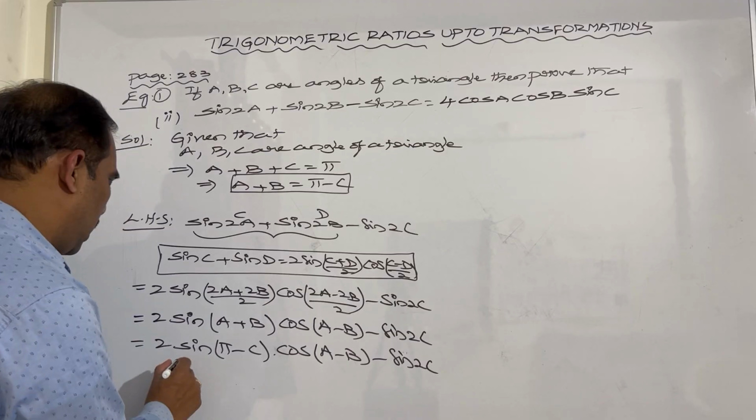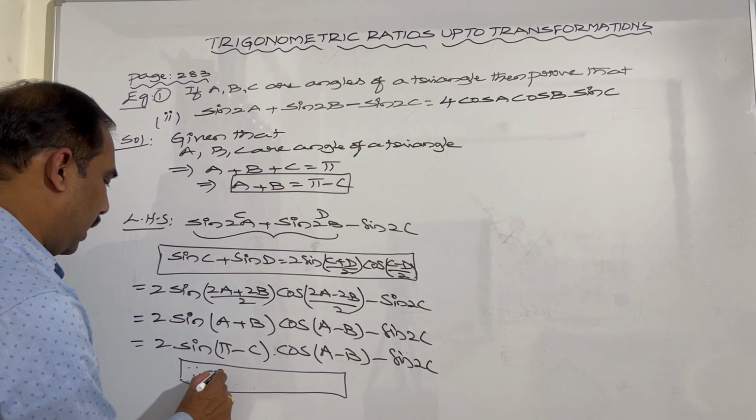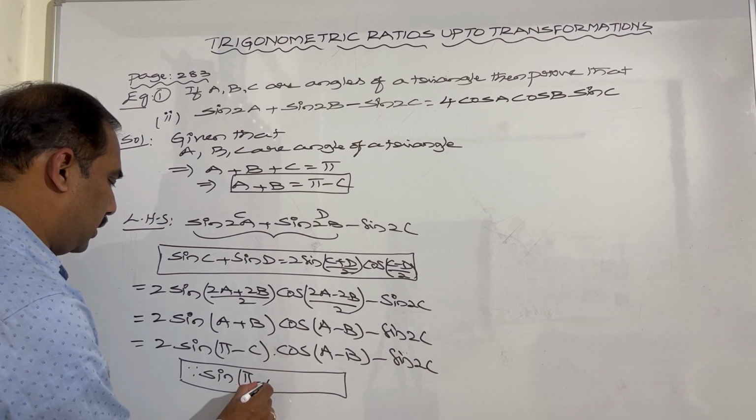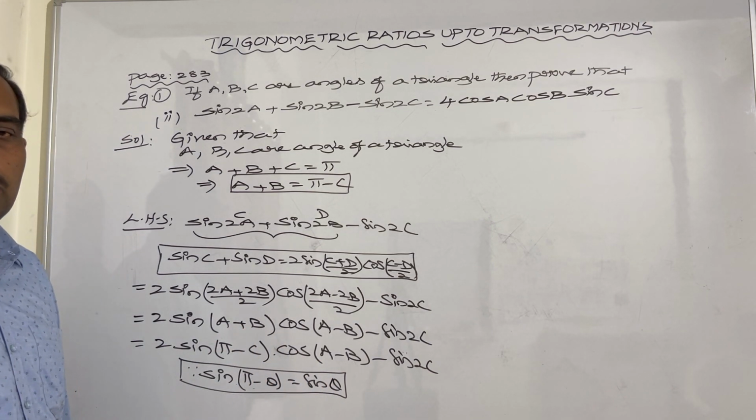Now we know that sin of (180 minus theta) is equal to sin theta, since it belongs to the second quadrant.